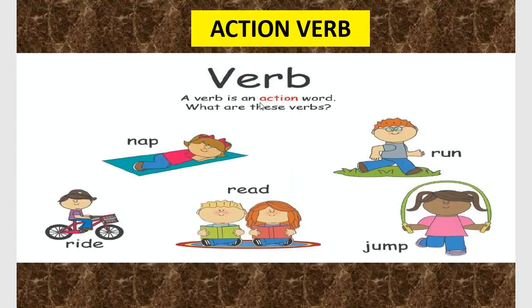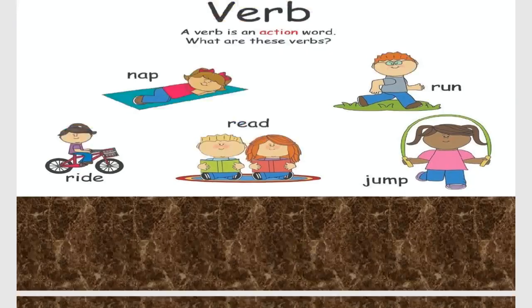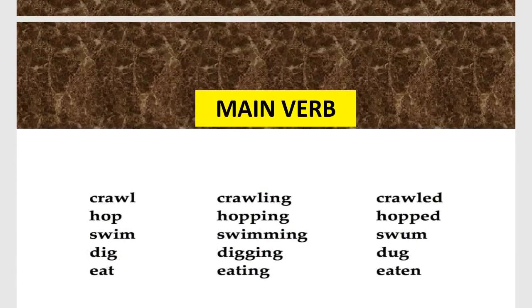And finally, we come to action verbs. A verb is an action word. What are these actions? A word for a person doing any action is called an action word or a verb. That is the main verb. These are the main verbs: crawl, crawling, crawled, hop, hopping, hopped, swim, swimming, swum, dig, digging, dug, eat, eating, eaten.